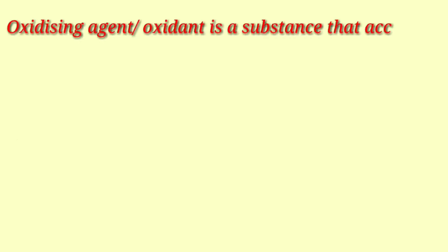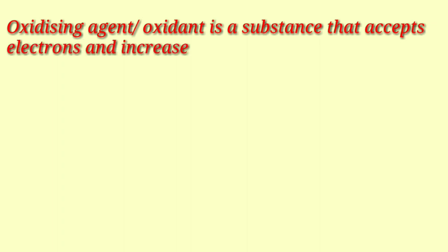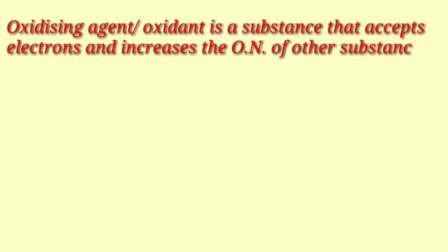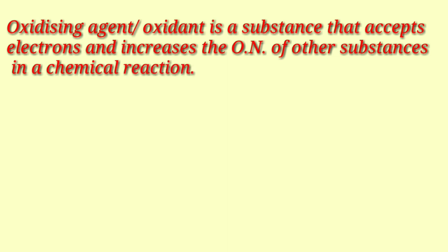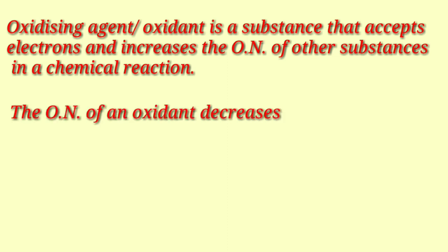So students, we know that an oxidizing agent or oxidant accepts electrons and increases the oxidation number of another substance in a chemical reaction. The oxidation number of an oxidant decreases during the process. That is, we can say that an oxidant is a substance that accepts electrons and thereby undergoes a decrease in oxidation number.